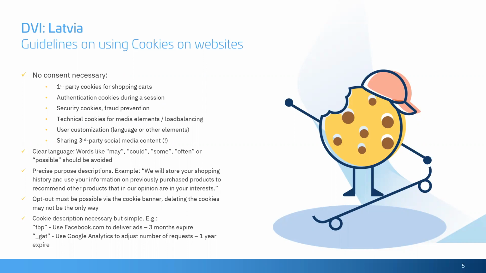Some things they seem to see as a bit less critical. They, for example, list technical cookies for media elements and load balancing. That would include things like YouTube cookies. User customization, so that's quite normal. But then they also say sharing third-party social media content.